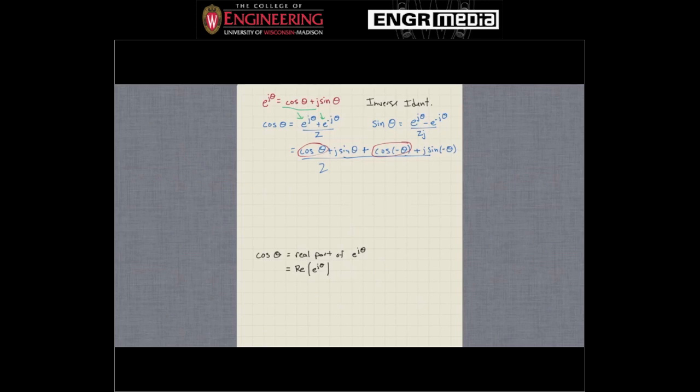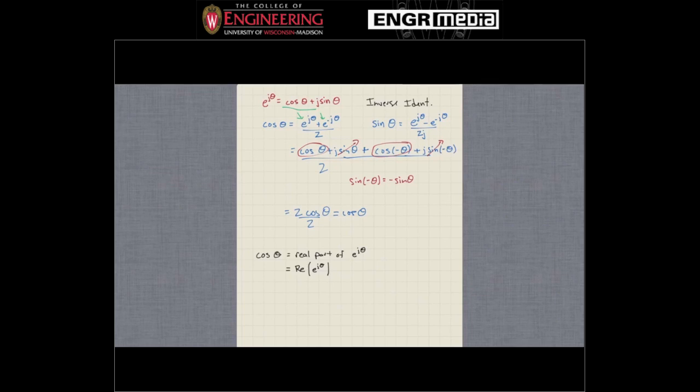But it turns out that sine of minus theta equals minus sine theta. Okay? So these two terms actually cancel each other out. Right? And you're just left with 2 cosine theta, of course divided by 2. Right? So just cosine theta.